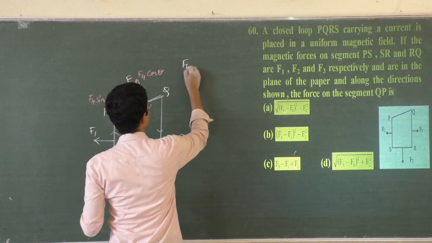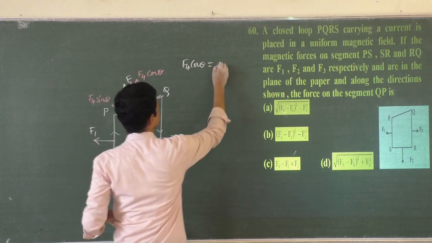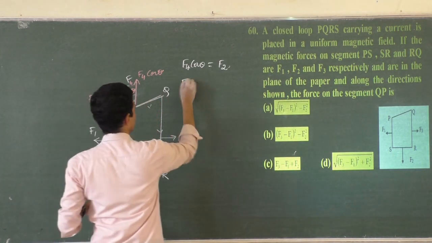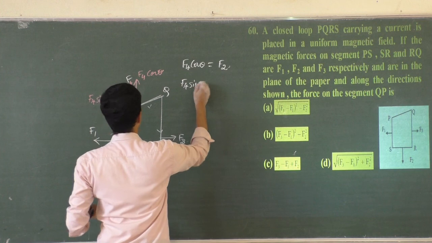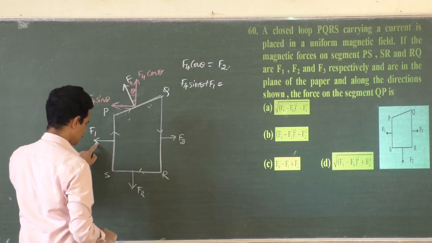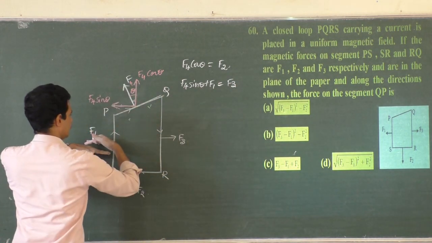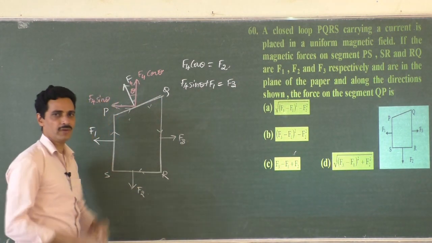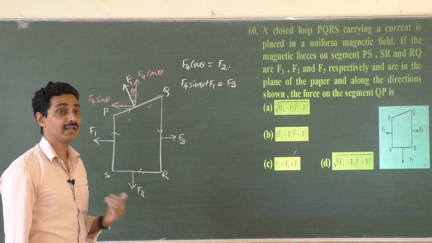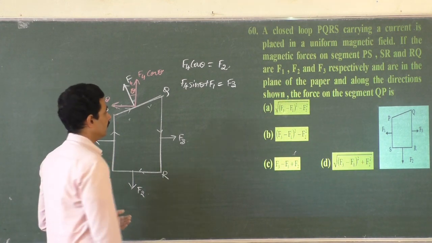So, F4 cos theta must be equal and opposite to F2. What about this one? F4 sin theta plus F1 must be equal to F3. This vector and this vector added must be cancelling this one. Now the net force on the loop is 0. Any current carrying loop placed in a magnetic field will experience net force 0.